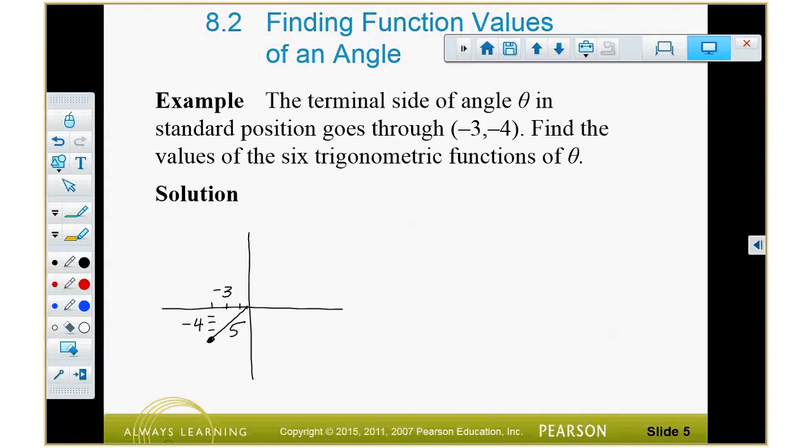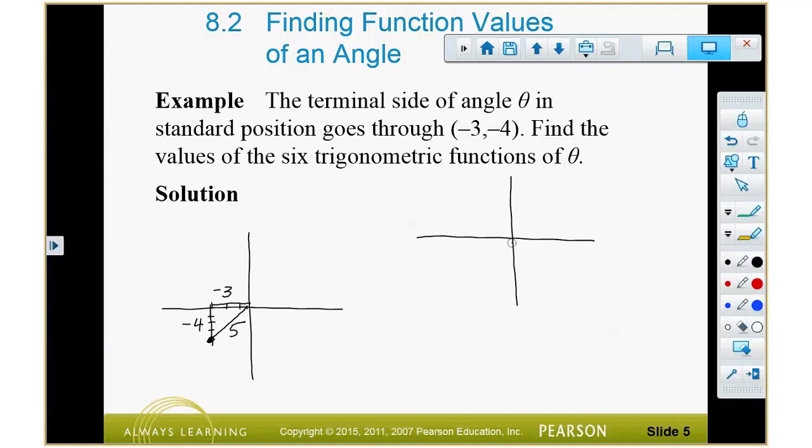Now, I'm going to take this, and I'm going to go over here, and I'm going to draw it like this. Got my handy red marker. -3 here, -4 here, and a +5 here, and I'm going to put my little man right here.